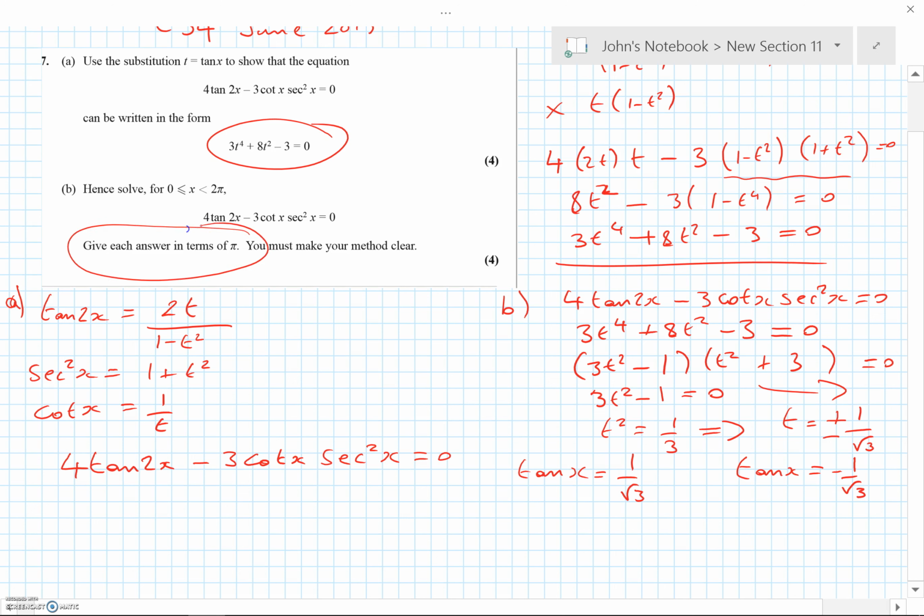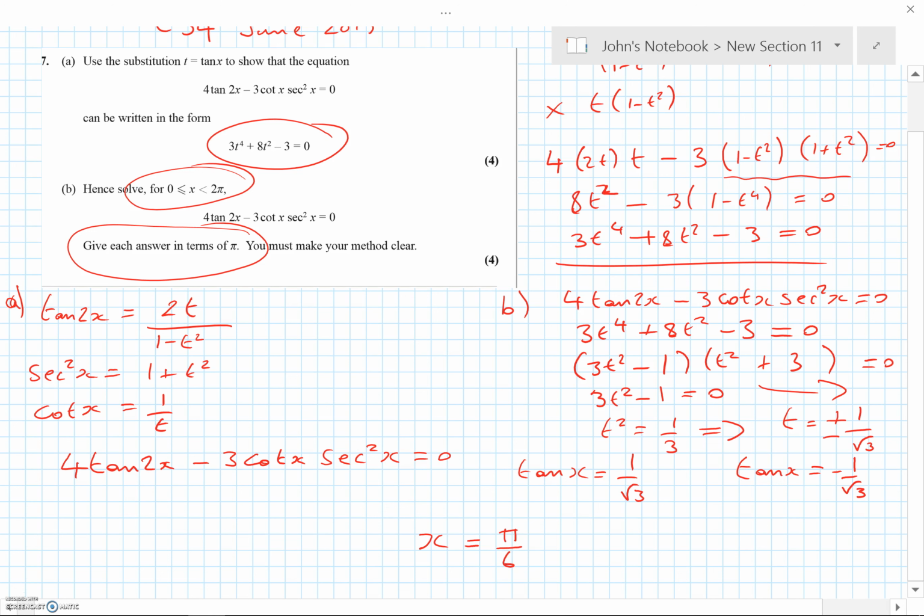Right, now tan x equals 1 over the square root of 3. They want us in terms of pi. Well, we should know our angles really. We really shouldn't need a calculator here. Now, we're going between the range 0 and 2 pi. I'm going to think in degrees, but I'm going to write my angle in radians. The inverse tan of 1 over the square root of 3, the value the calculator is going to give you is pi over 6.